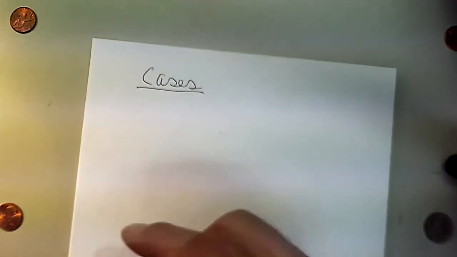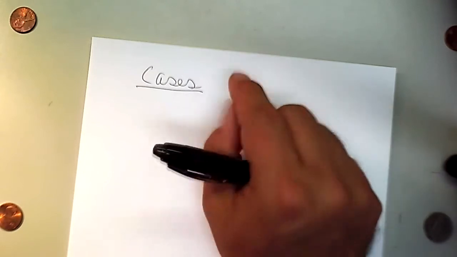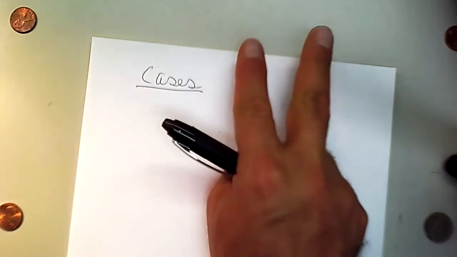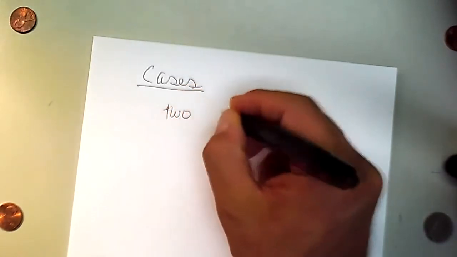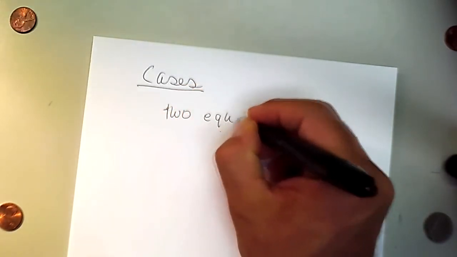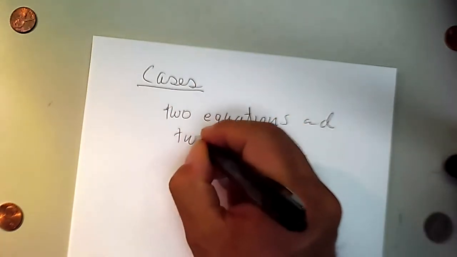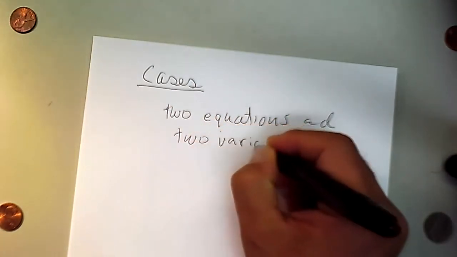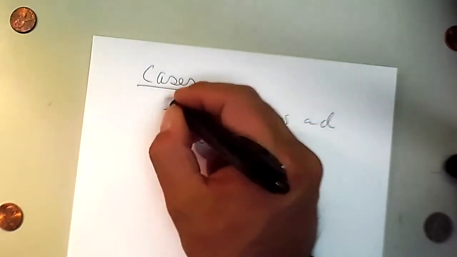There are three cases when we have one system of equations with two equations and two variables. So we're specializing in this.